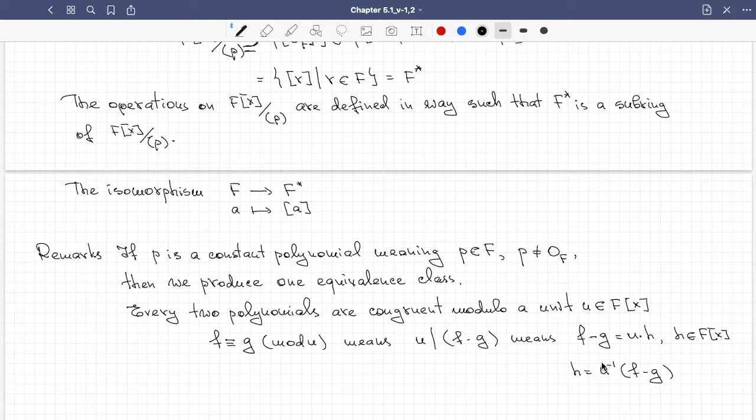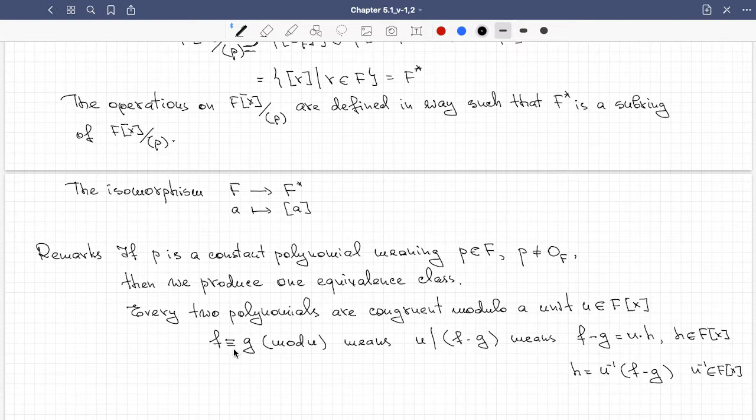So U inverse is an element of F, therefore an element of F of x. This is a unit in the ring. So for every two polynomials, we take this h, and we get this equality, which means that the unit divides the difference.